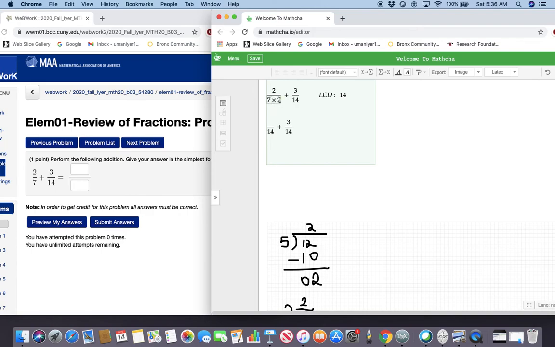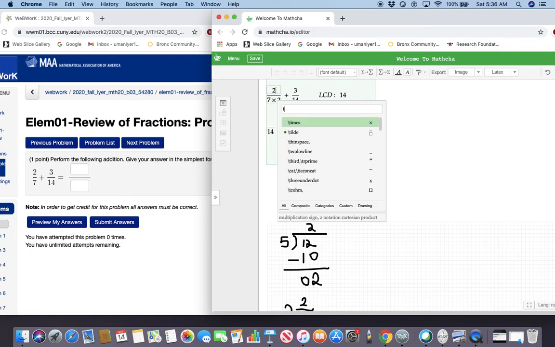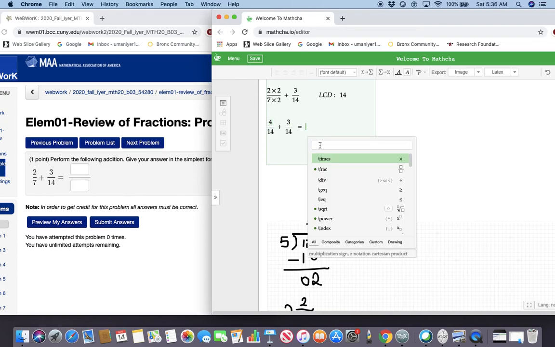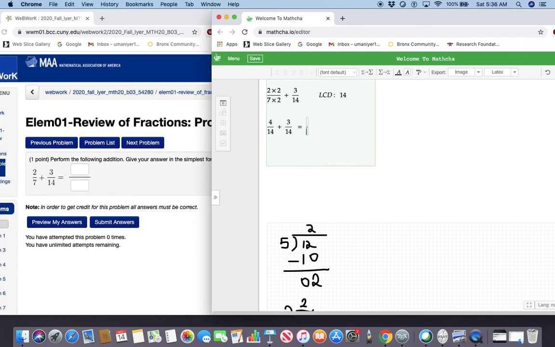Whatever I multiply to the denominator, I must multiply to the numerator. So that's 14 and that's 4. So eventually that is a fraction with 14 in the denominator and 4 plus 3, 7. Once you have a common denominator, you can add the numerators.